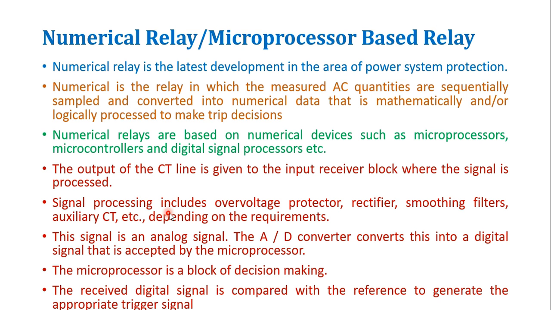Signal processing includes overvoltage protection, rectifier, smoothing filters, auxiliary current transformers, etc. Usually the signal is an analog signal which is converted to digital, which is the acceptable form for the microprocessor. The microprocessor is the block of decision making. The received digital signal is compared with the reference to generate the appropriate tripping signal.